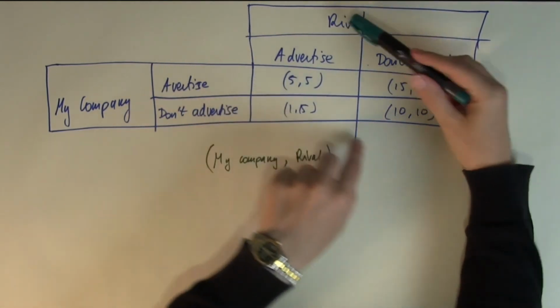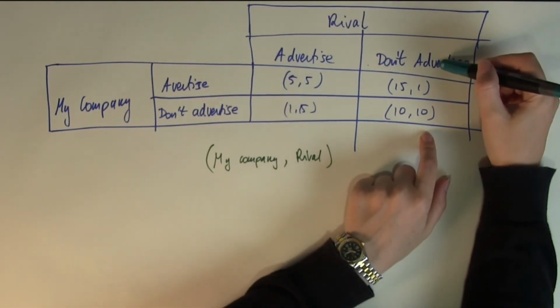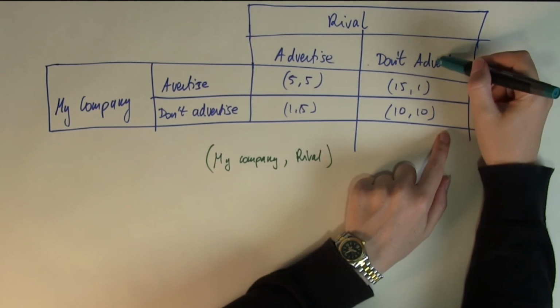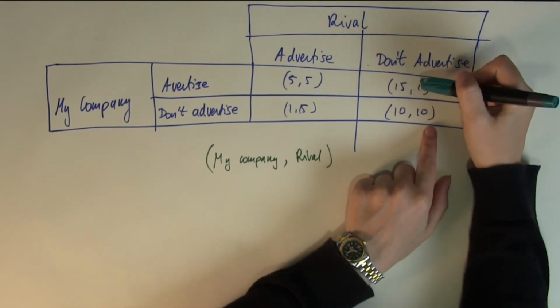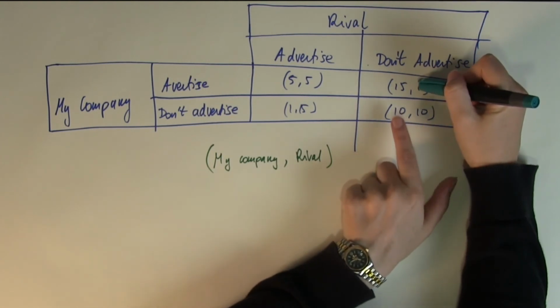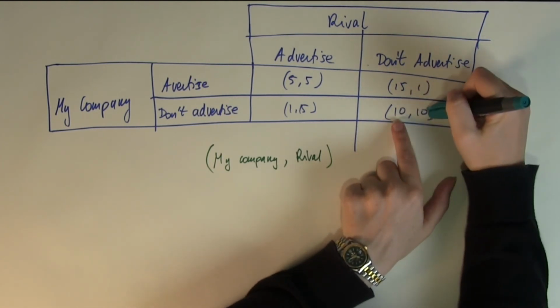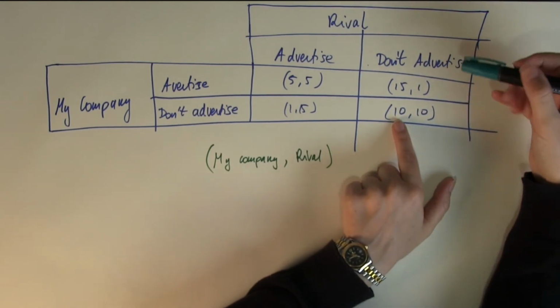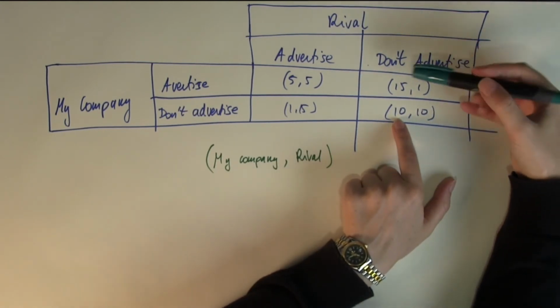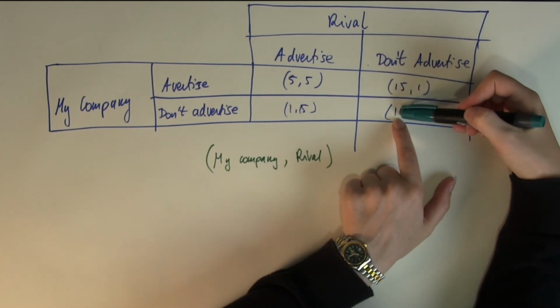Now, what happens if the rival decides not to advertise? Well, there are two scenarios here again. Either I'm earning 15 and they're earning 1, or we're both earning 10. Well, again, just like in my case, which we went through previously, I'm not going to choose not to advertise, because if I don't advertise, I would only earn 10 million.